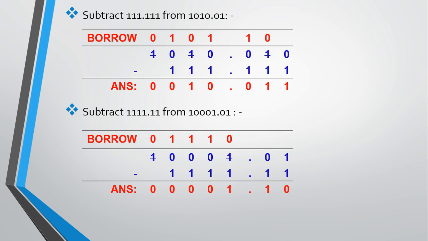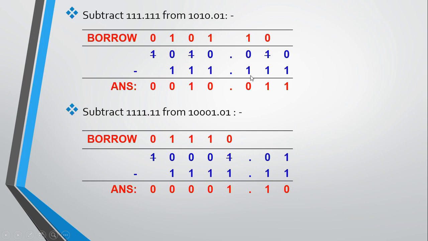Highest order means 1, and in between that 1, whenever there is a 0, you need to place 1 over here with a 0. Then you can take a borrow from the previous highest order.